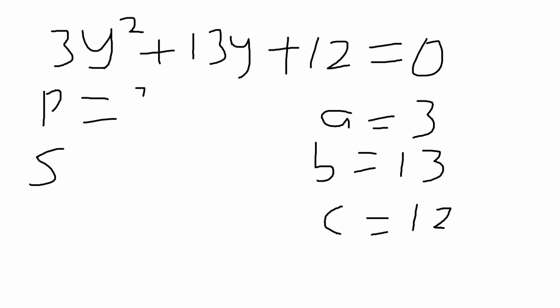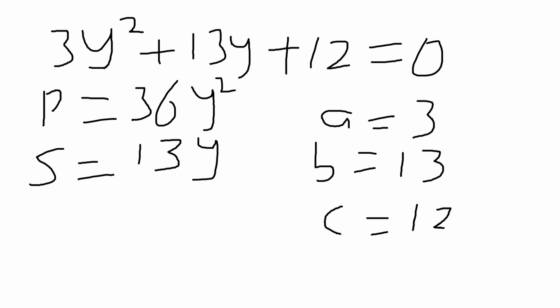So we have 36y squared as our product. And our sum is 13y. Now we have to think of two numbers that when multiplied together we get 36y squared, and when added together we get 13y.